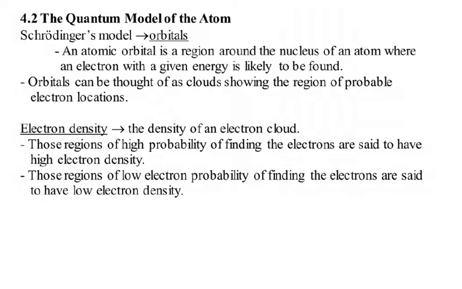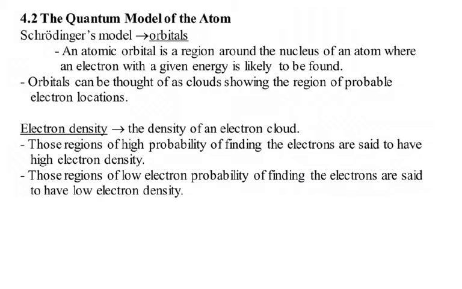That usually would be electrons in their ground state. However, electrons can, if they absorb enough energy, leave the ground state and go to a higher energy level, in regions where you will find the electron with a lower probability. Those regions are said to have low electron density.